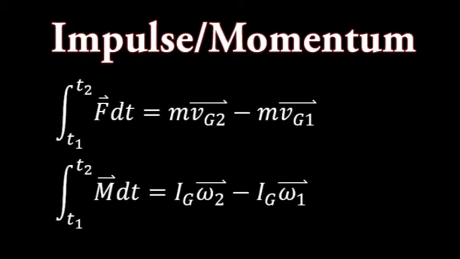And the moment equation becomes the angular impulse equals the change in angular momentum, where angular impulse is defined as the integral of moment over time, and angular momentum is defined as the moment of inertia of the body about its center of mass times the angular velocity of the body.